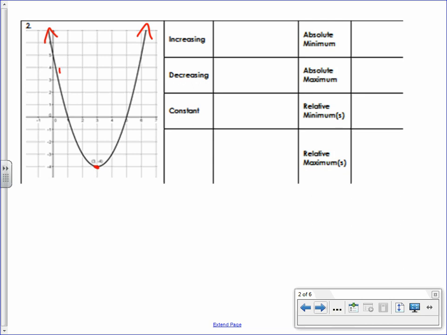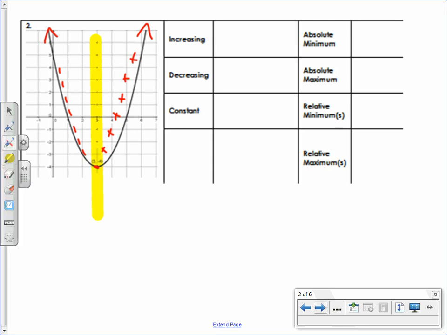It goes from going negative to going positive. So I know that I've got 2 areas. I've got one of decreasing on the left and increasing on the right. Now, the best thing to do to visualize this is to go ahead and split that graph right down the middle so that I can clearly see my 2 spots.